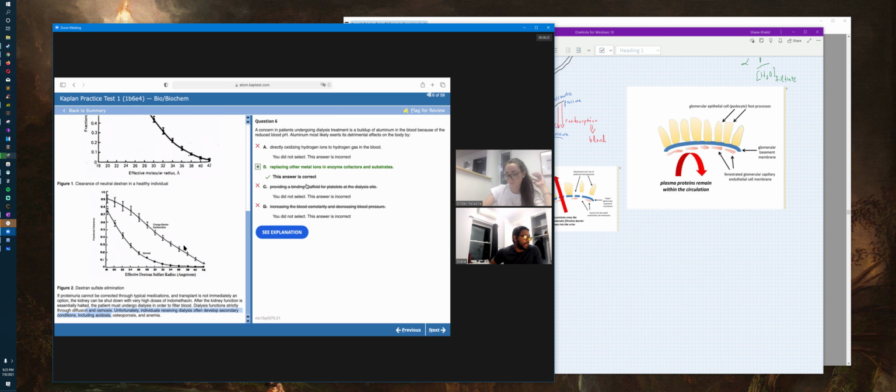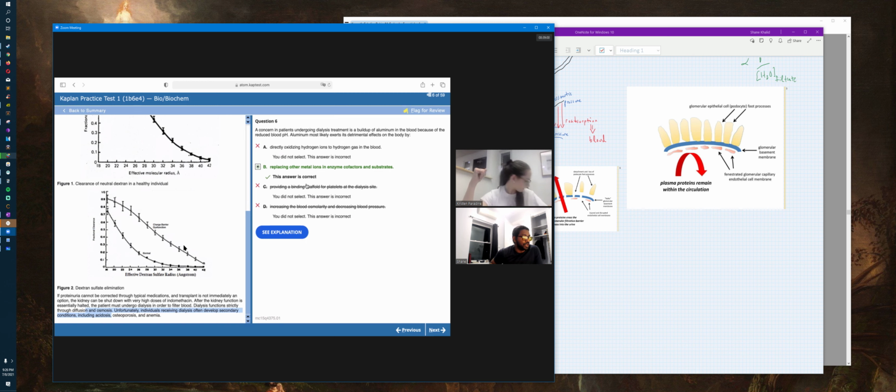So for instance, acidosis, right? And anemia, right? Acidosis can happen in your blood because when CO2 is in your blood, your red blood cell will help that equilibrium between CO2, carbonic acid, and bicarbonate ion.